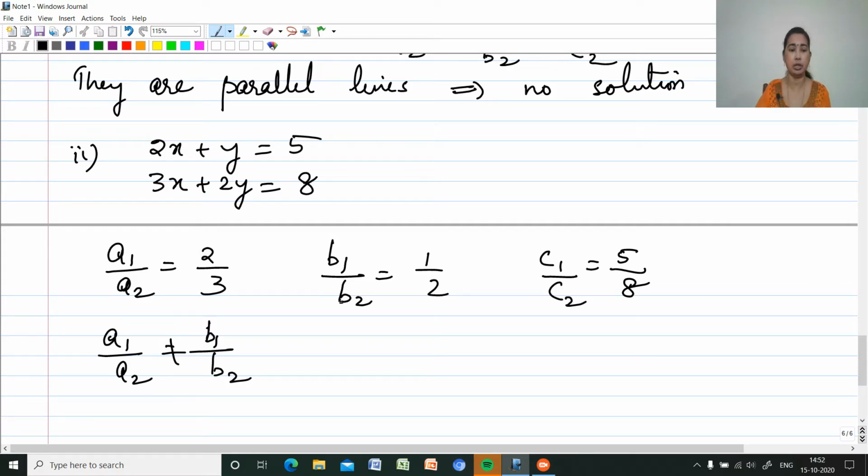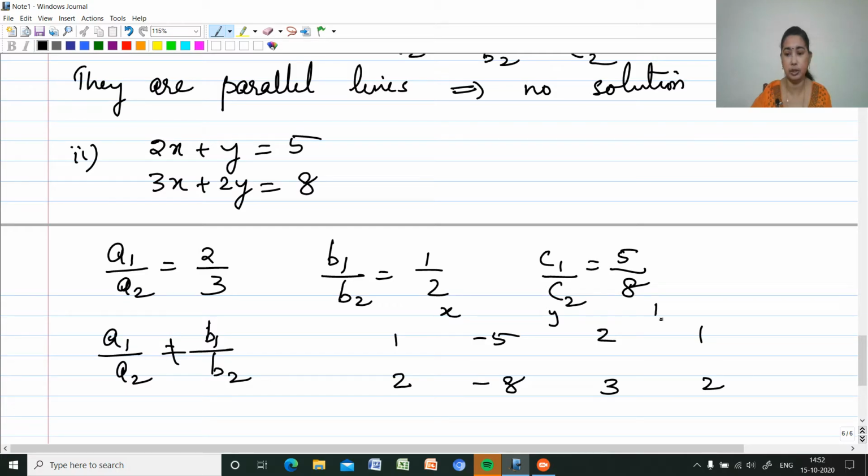According to the cross multiplication method, how do we find x and y? For that we have to write from the coefficient of y onwards. So 1, 2, then we take the constant to the left side, so minus 5, minus 8, then 2, 3 and 1, 2. This is for x, this for y.